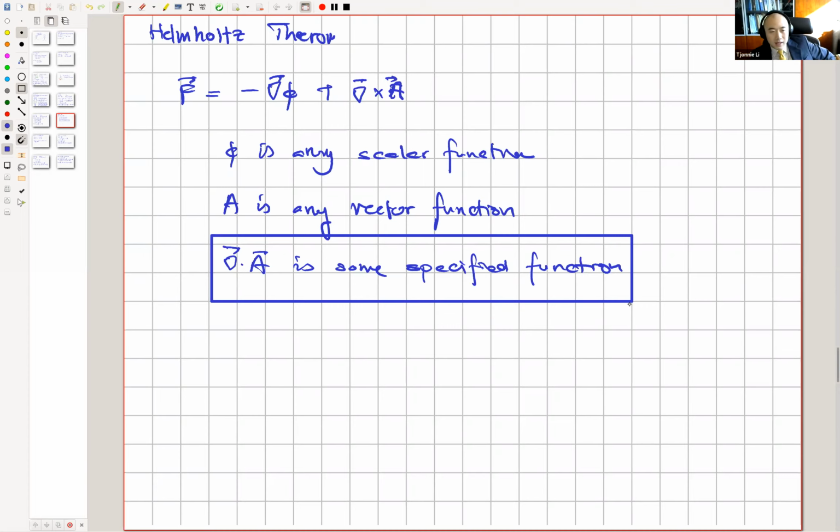It only says that this whole system is fully determined if the divergence of A is some specified function. You can specify it any way you want.